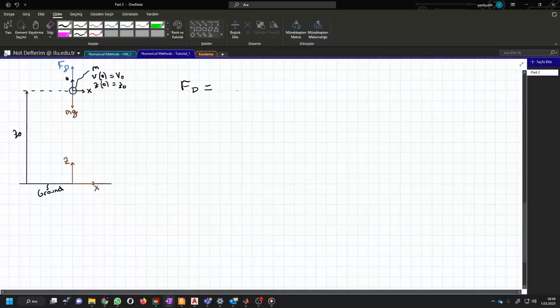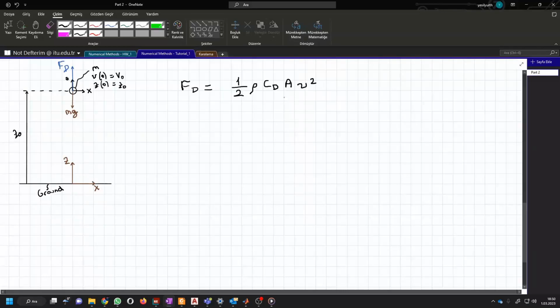Fd will be equal to 1/2 rho CD A and V square. We also know that the aerodynamic drag force will always act in the opposite direction of the velocity vector.